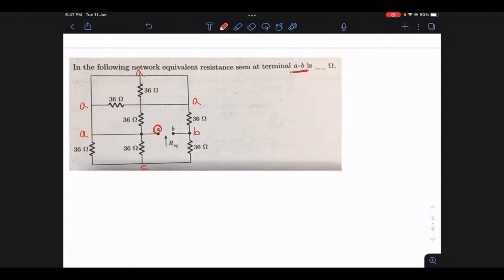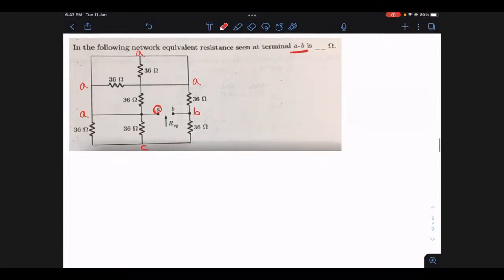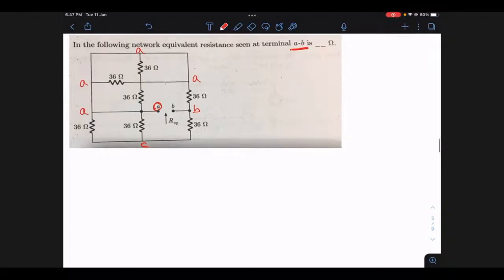Okay, fine. Now, if I ask you to redraw the circuit, how will it look? One thing is clear: between A and C, this 36 is connected.